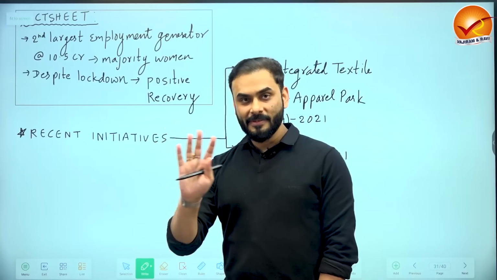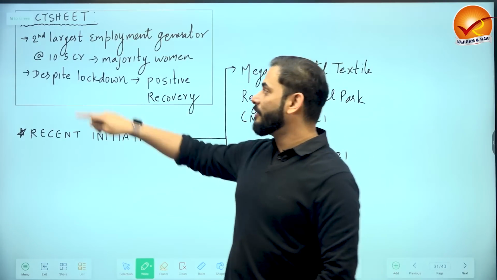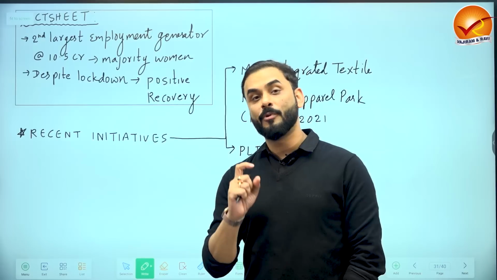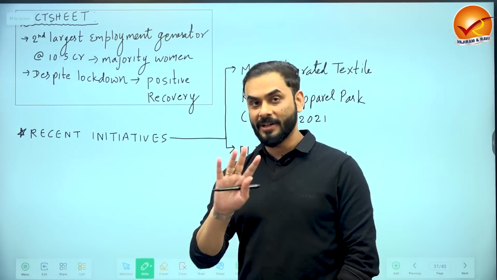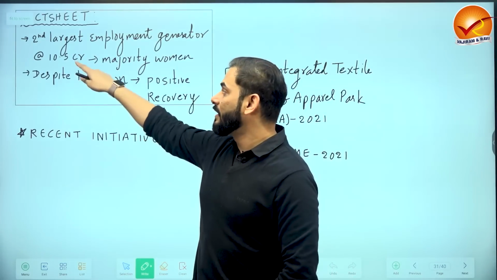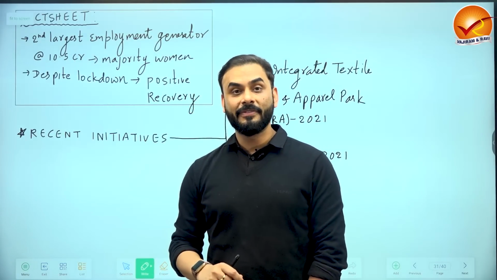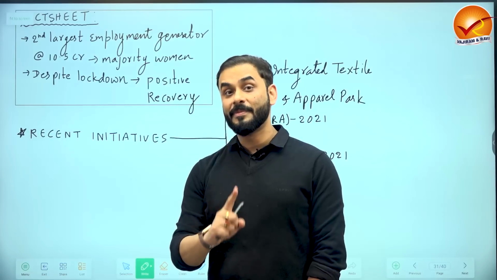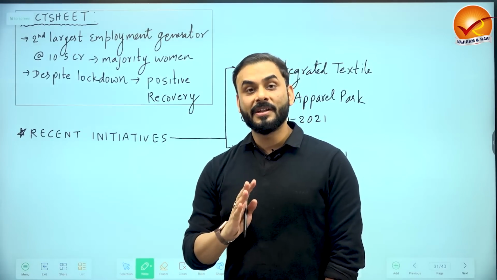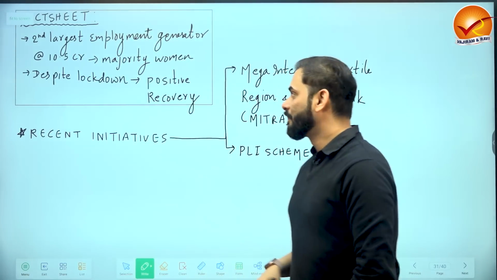The Economic Survey says that approximately 10.5 crore is the employment provided by the textile sector, direct and indirect employment. Majority of these people, these 10.5 crore people who work in the field of textile sector, are women, which is very crucial. All right. So we must pay attention to our textile sector.